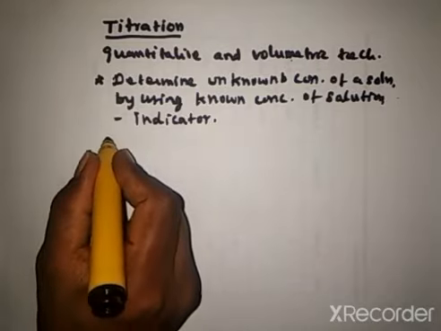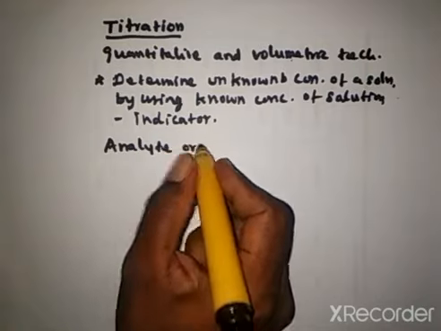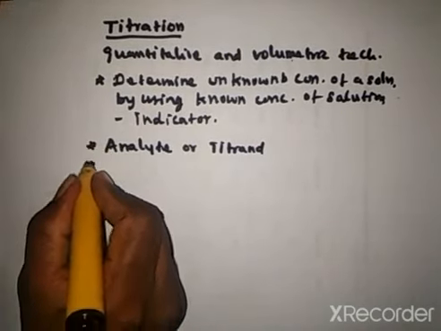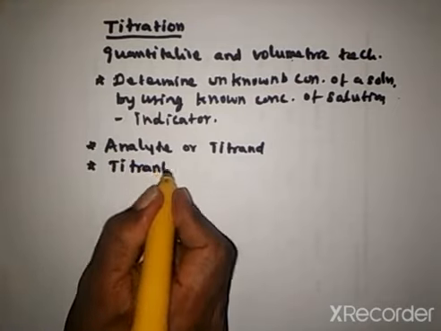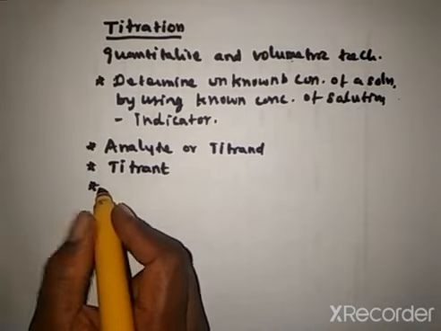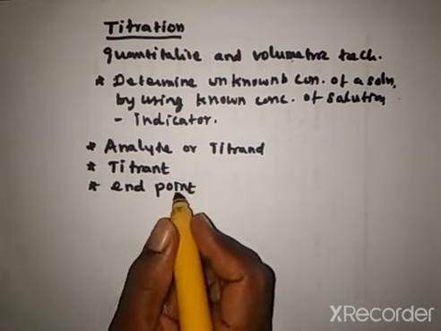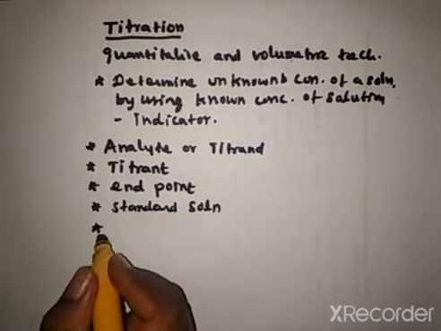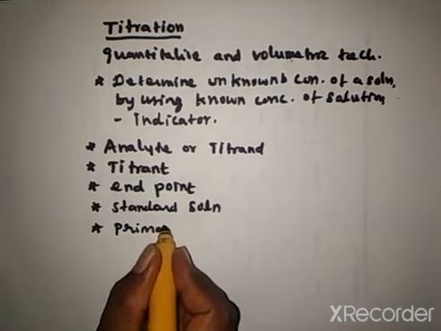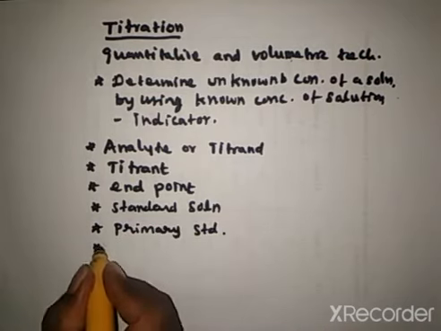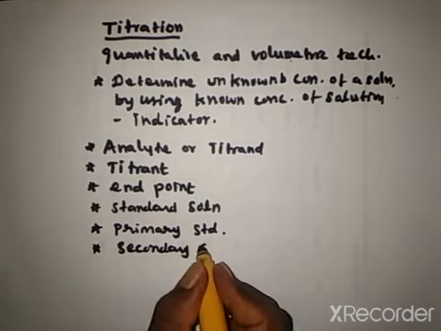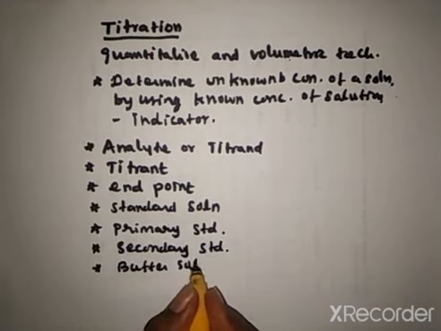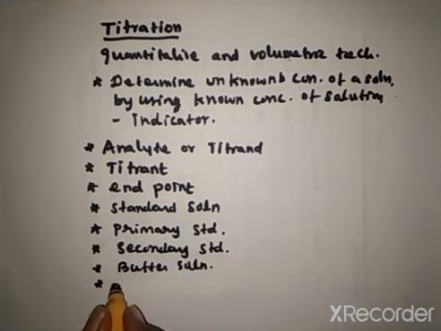They are called analyte or titrant, and then titrant, then endpoint or equivalence point, standard solution, and then we use the terms primary standard, secondary standard, buffer solution, and then indicator.